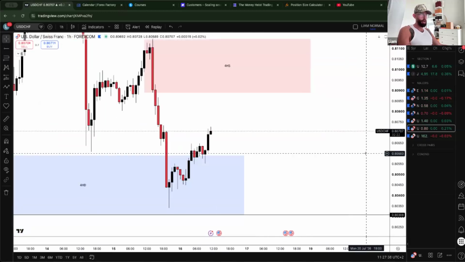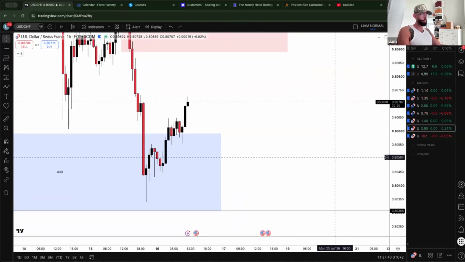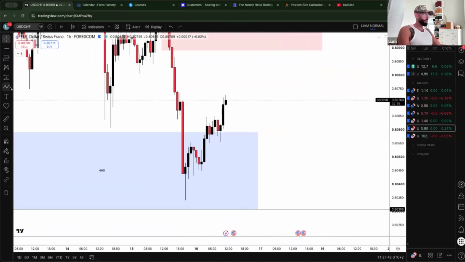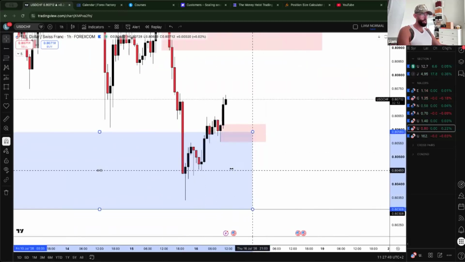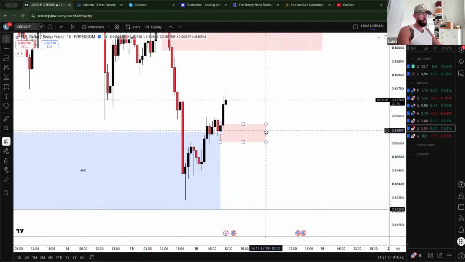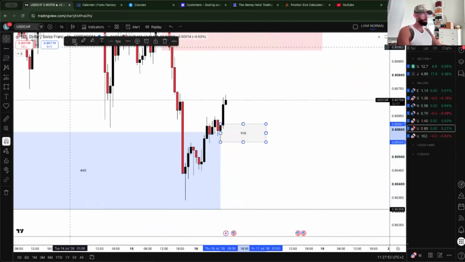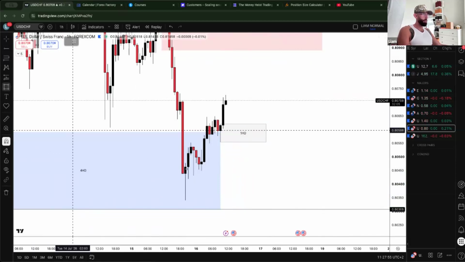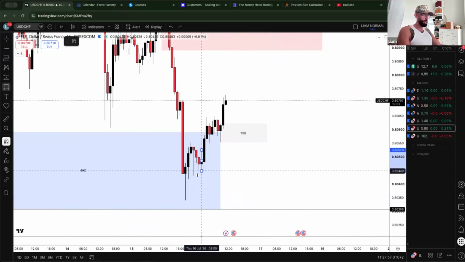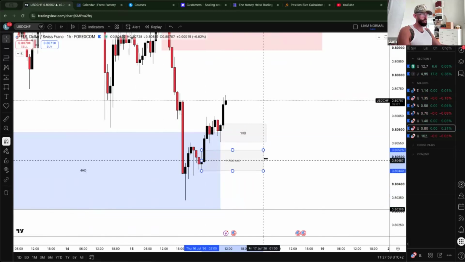Looking at the 1 hour, you can see the two areas of demand we have. This area of demand here. Let me just move this away. We have this 1 hour demand area here, and then we also have this 1 hour demand area here.